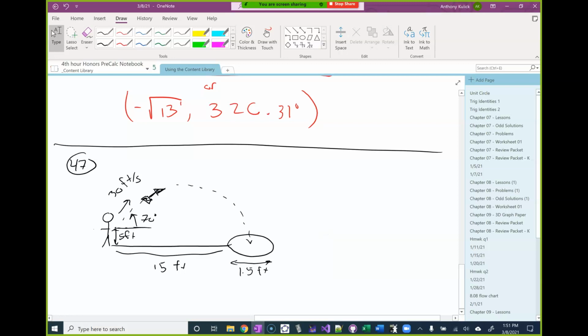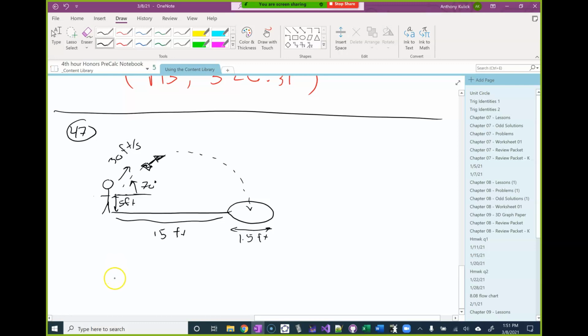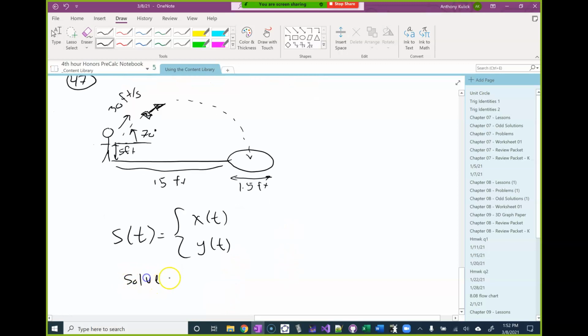Okay, so what I'm going to do is write my position function. And then I'm going to solve y of t equal to 0. This is going to tell me how long the dart is in the air, and then I'm going to take that solution for t and plug it into x of t.